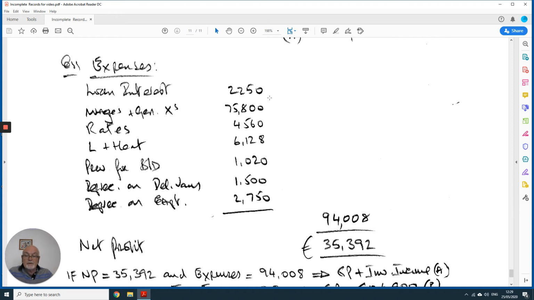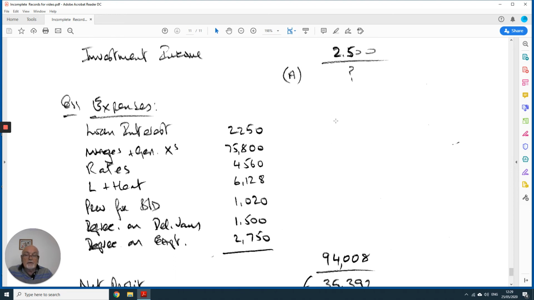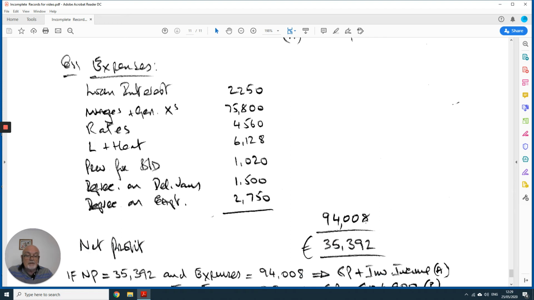We have our loan interest, the wages and general expenses, rates, light and heat, the provision for bad debts, and the provisions for depreciation on delivery vans and equipment. They all total €94,008. So, the gross profit plus the investment income less 94,008 must be 35,392.